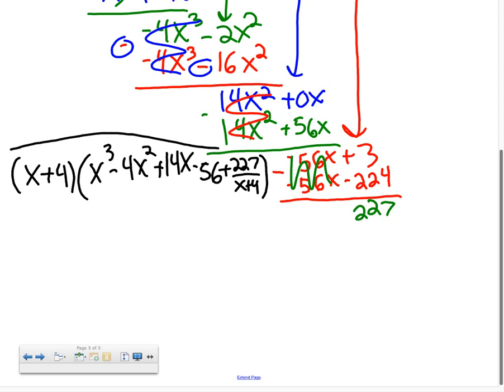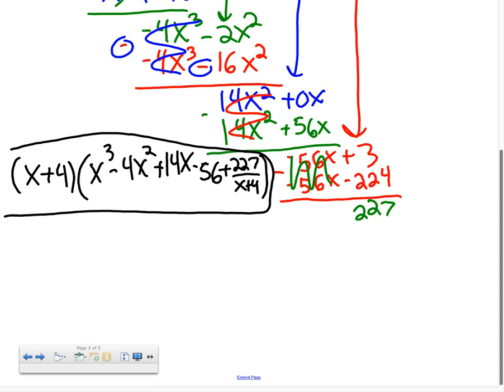What that does is it tells the person that I successfully divided everything else in the problem except for that last little piece. That last little piece is still left to be divided, so I'm going to leave it as basically an unsolved division piece, that 227, divided by x plus 4.